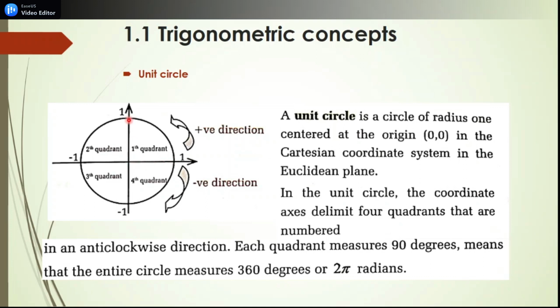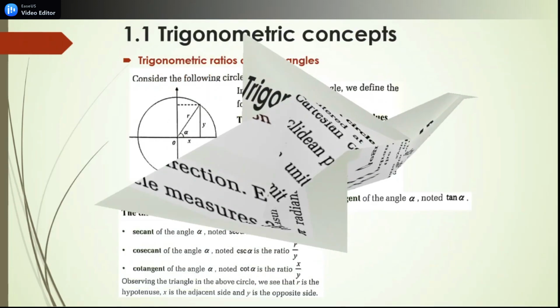This one also is equal to 1. It is 1 in the negative direction also, equal to 1. So we can consider this direction clockwise, and this one is anti-clockwise direction.